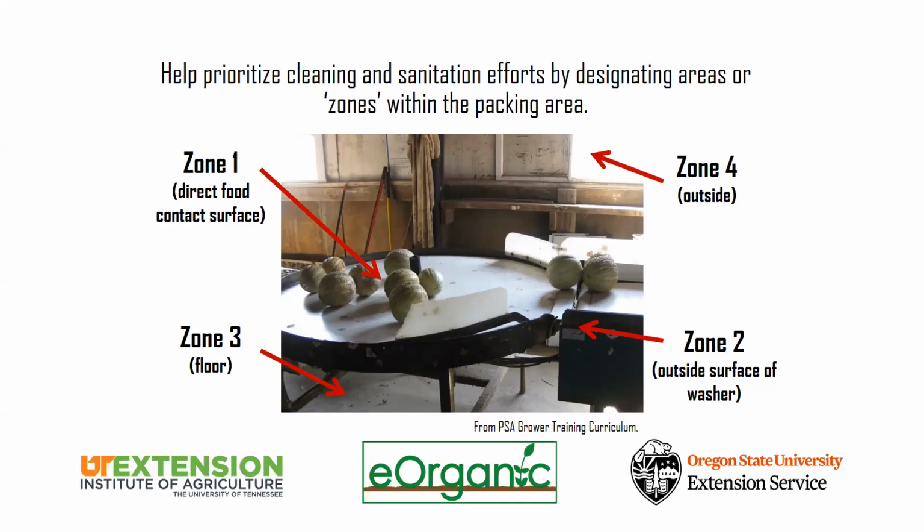And then zone 4 is going to be the furthest removed, and that's outside of the packing house. But things we still want to be cognizant of are taking care of the weeds around the packing house and making sure that we have wildlife and rodent control all around that packing house that we're taking care of from a food safety standpoint.